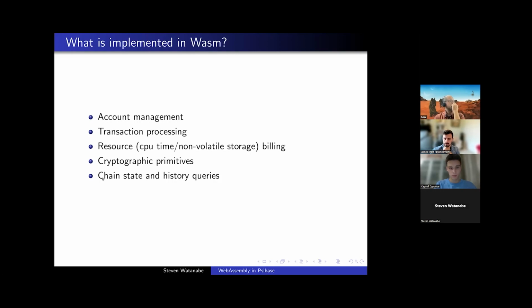We've implemented queries against the state and history using WebAssembly. If you send an HTTP request to the Synode server, it will package up the body and headers of that request and call into a WASM module to evaluate the request.